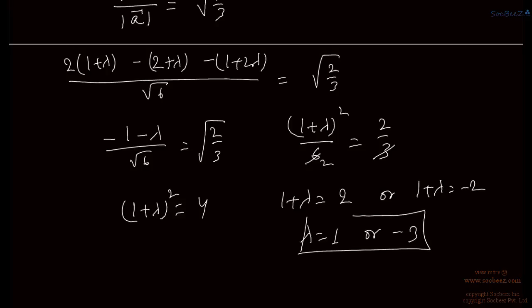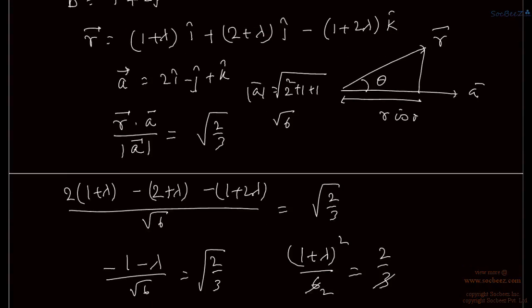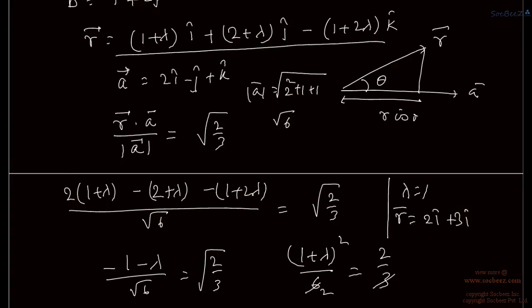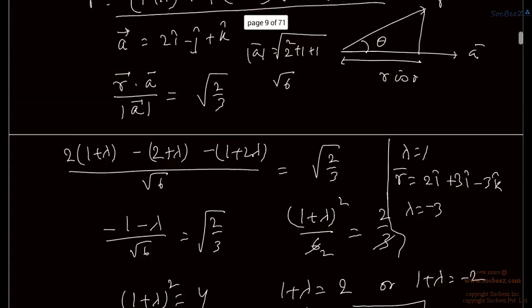So if we take lambda as 1, then we will be getting vector R as 1 plus lambda i, that is 2i, plus 3j, 1 plus 2 lambda, lambda is 1, minus 3k. And if we take lambda is equal to minus 3, from here we are getting two values, lambda is equal to 1 and lambda is equal to minus 3.